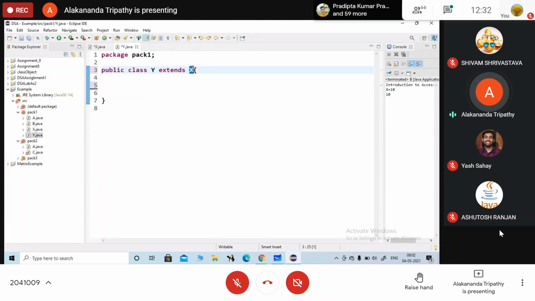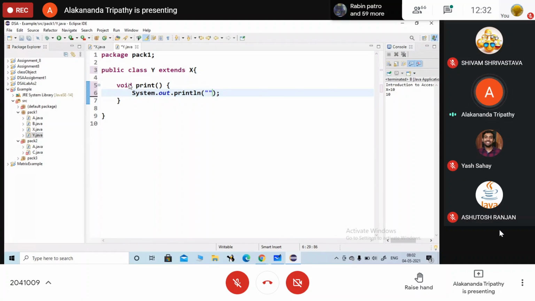It is inheriting which class? Class X. तो यहाँ पर मैं और एक मेथड बनाऊंगी print. Here I am going to write a message: system.out.println derived class or child class.